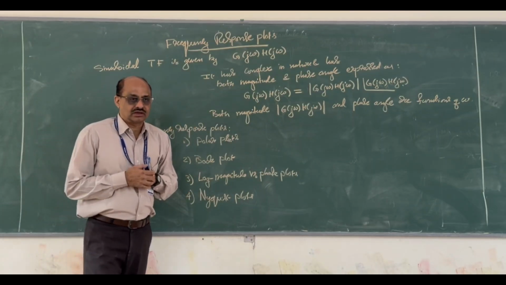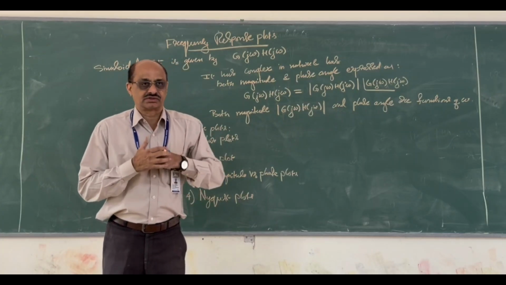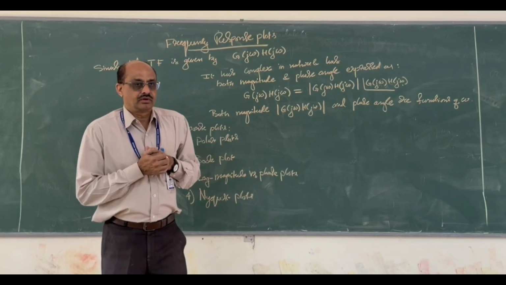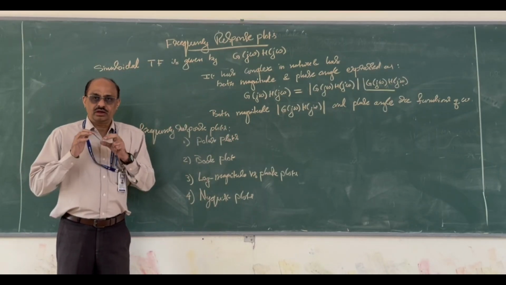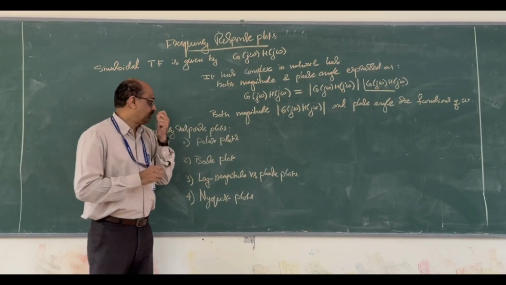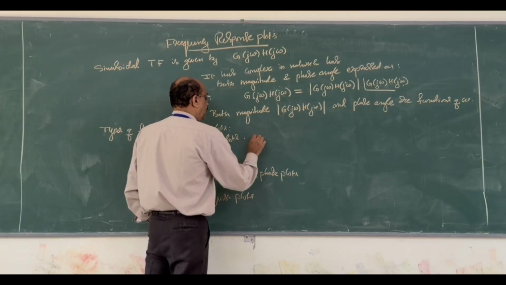These are the sketches of the magnitude and phase angle when we vary the frequency. First one is the polar plot.